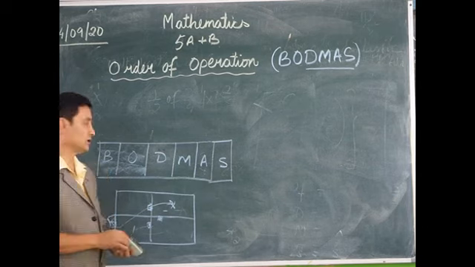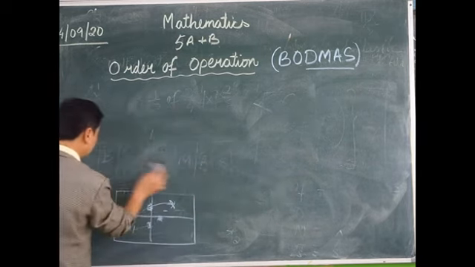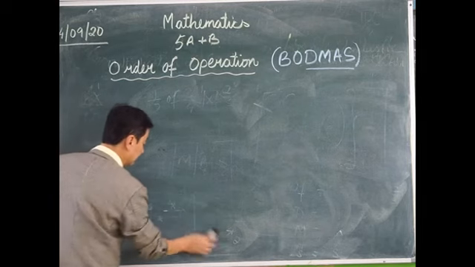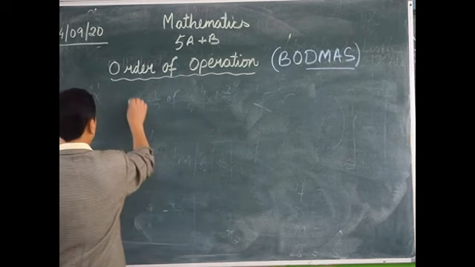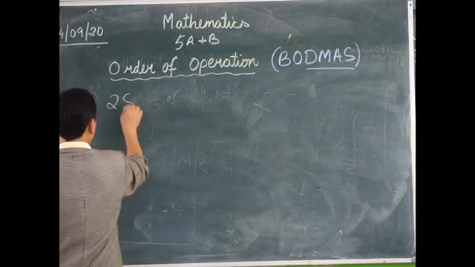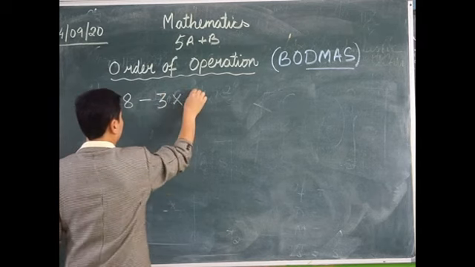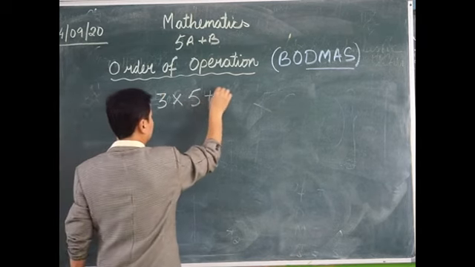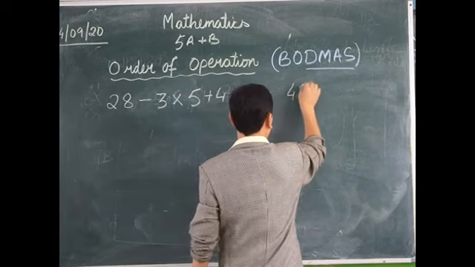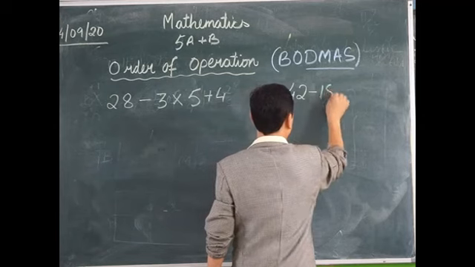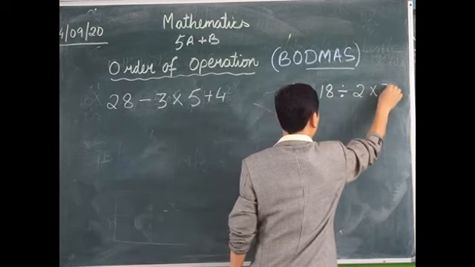Okay? But I'm going to teach you in a very, very simple way. What we are going to do is, we are going to underline each step that we do. So let me write this sum first. 28 minus 3 into 5 plus 4. Let me write another sum. 42 minus 18 divided by 2 into 3.